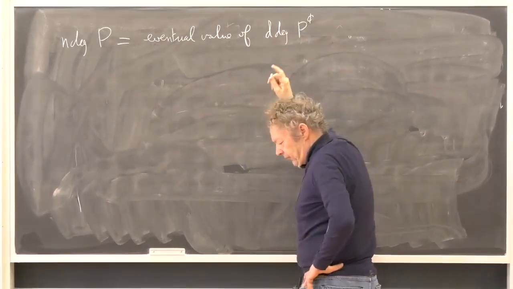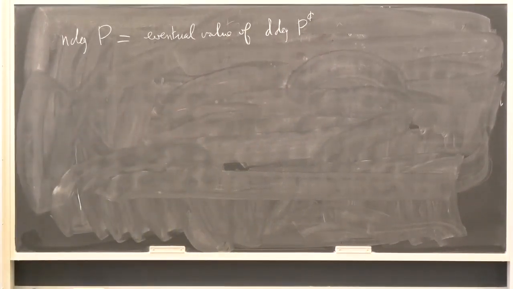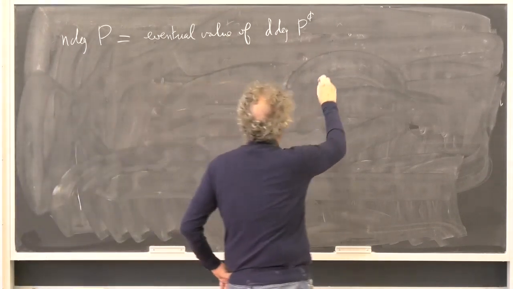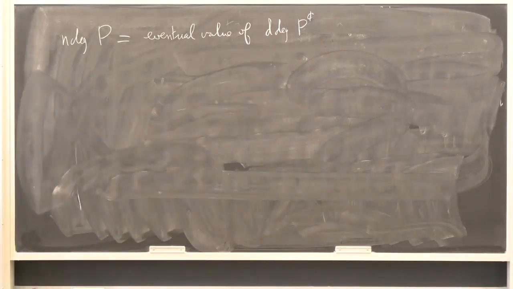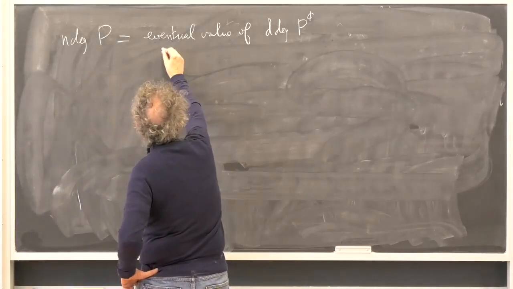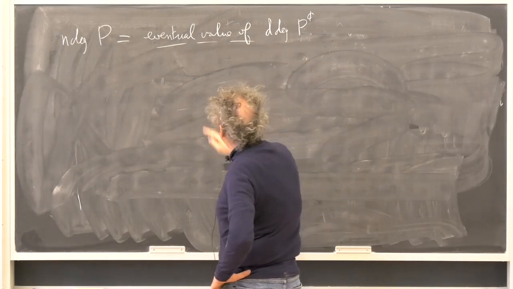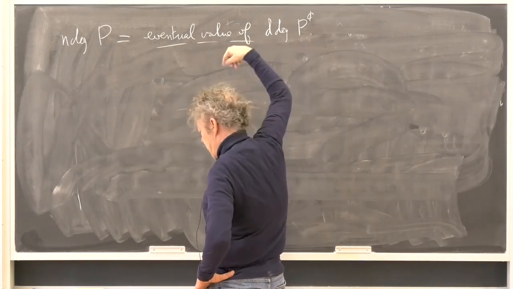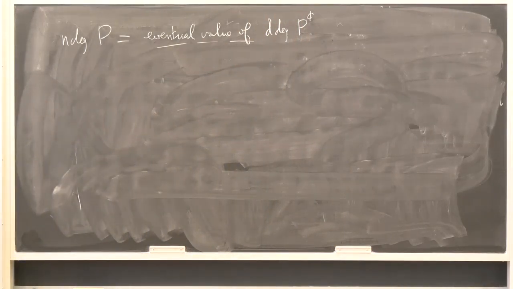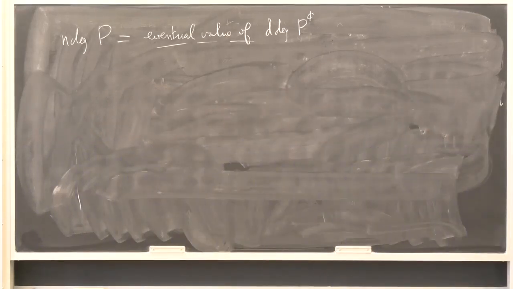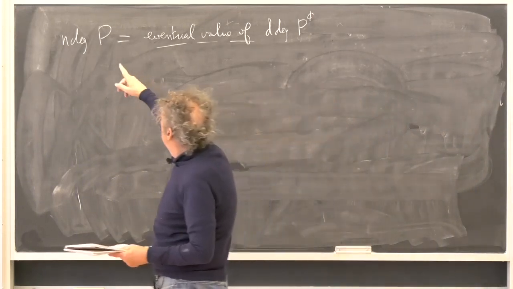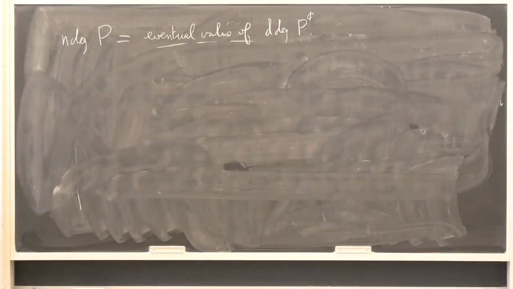And it's a theorem, or well, a proposition. It takes a little bit of work to prove that this exists. When you let the valuation of phi increase as much as possible, eventually it will stabilize. That's called the Newton degree of P. When I use the word eventual, it's always with respect to letting the valuation of phi become big enough, still with the restriction that phi is active. Of course, the Newton degree of 0 is defined to be minus infinity.